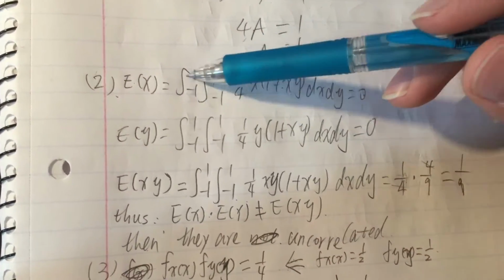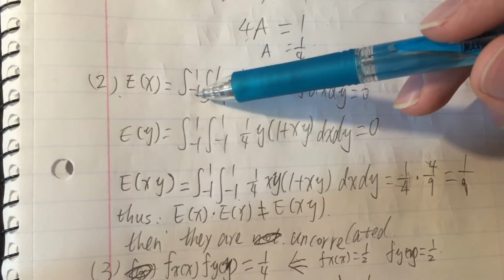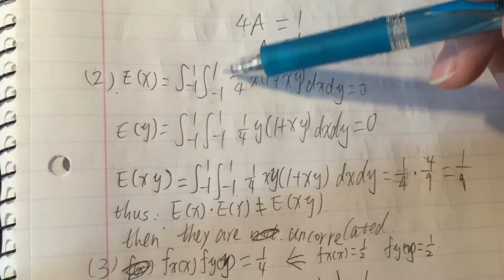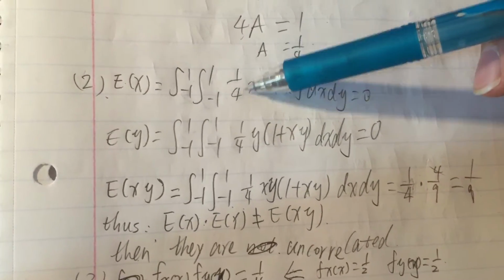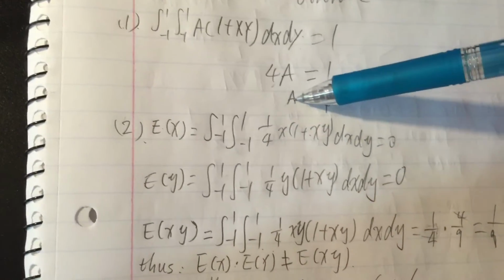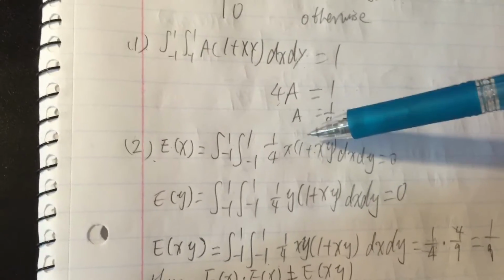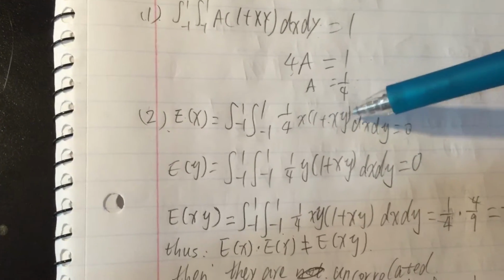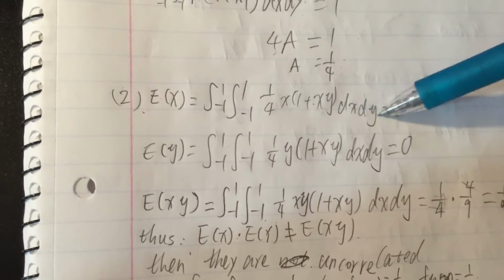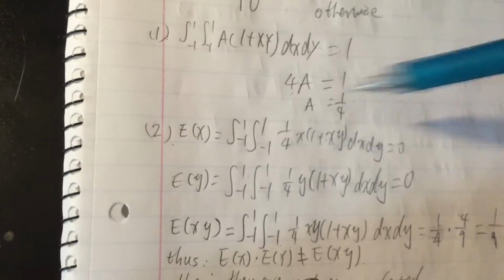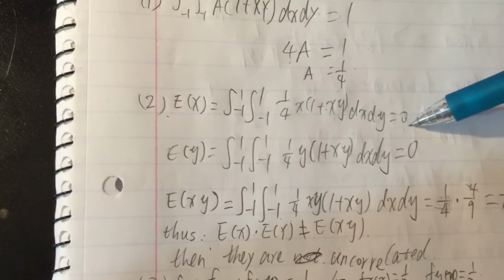Use the formula: the integral from -1 to 1, integral from -1 to 1, where a is 1 over 4, of a times x times (1 plus x times y) dx dy. After I do the calculation, it equals 0.